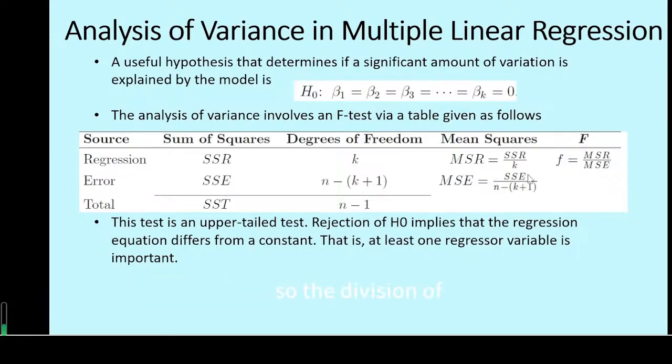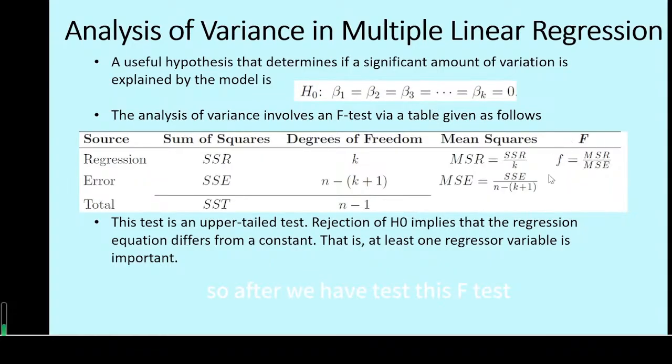The division of two chi-square distributed random variables by their corresponding degrees of freedom follows an F distributed random variable. So the analysis of variance approach uses the F test. This is the ratio of these two parts, which follow chi-square distributions, so the ratio is an F statistic following the F distribution.